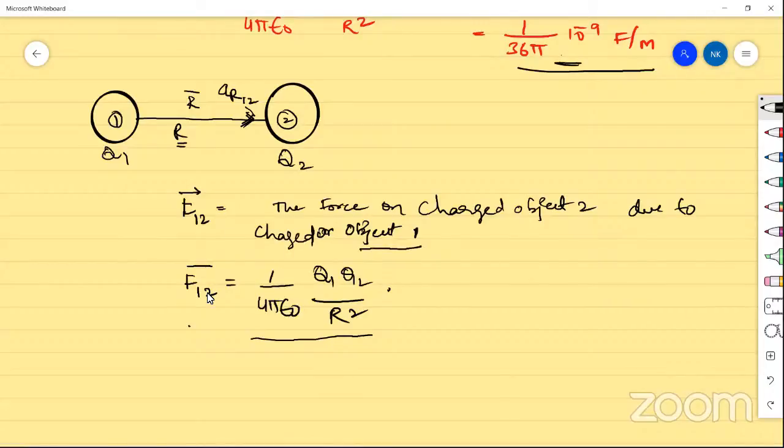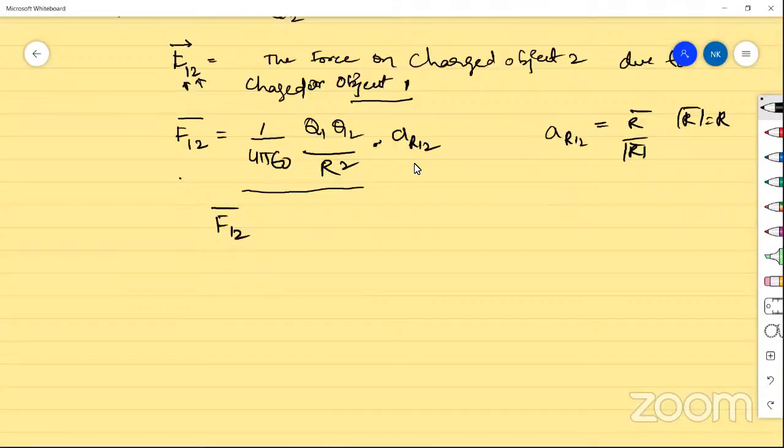I'll define it like this; you can define it any way, but for similarity, I'm defining it like this. You have to multiply with the unit vector from 1 to 2, that is AR12. What is the unit vector AR12? It is R bar by mod R bar. What is mod R bar? Mod R bar is R. So the equation is F12 bar is 1 by 4 pi epsilon naught Q1 Q2 by R cube.